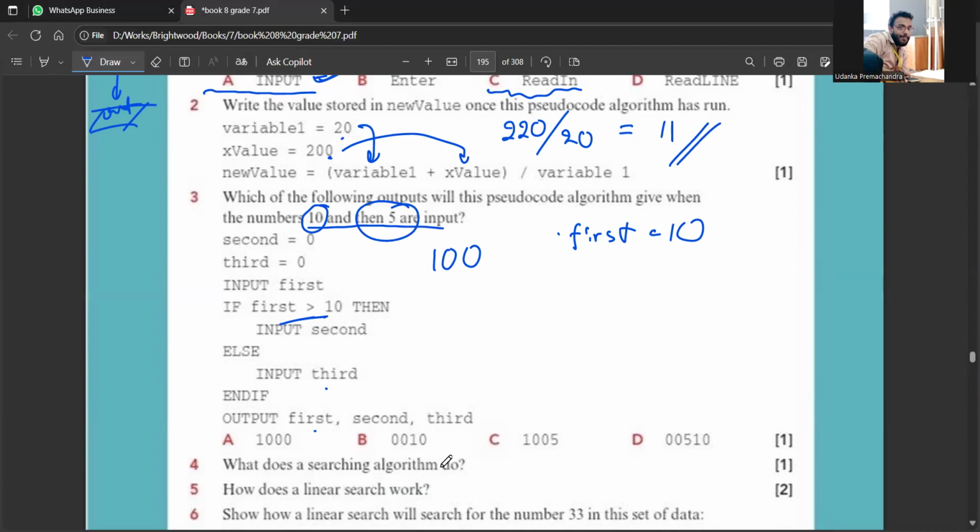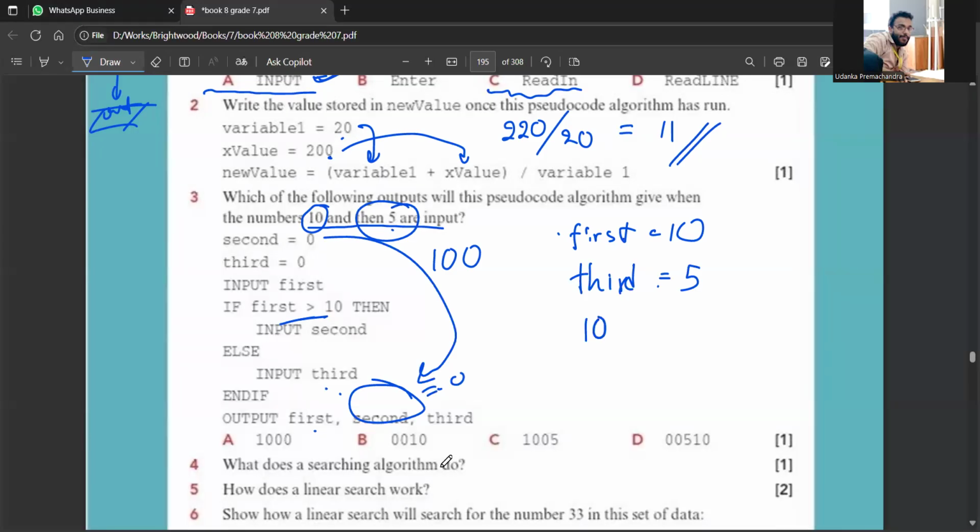Input first is not greater than 10, so you have to input second and input third. Third should be 5. Second is already considered, and second should be 0.